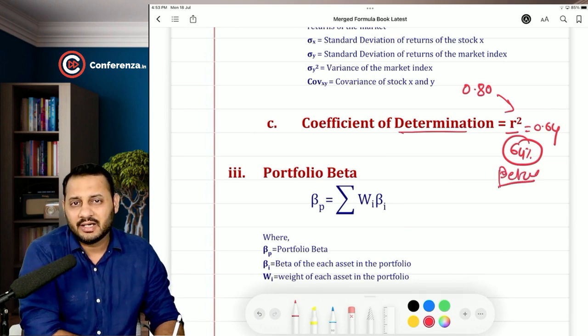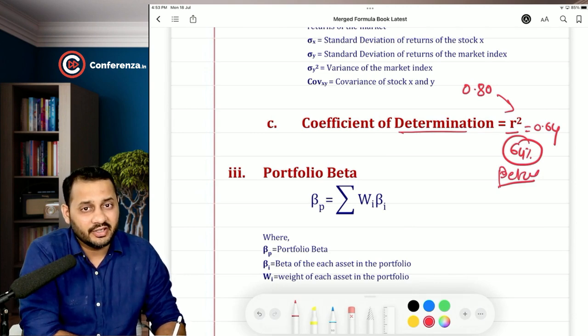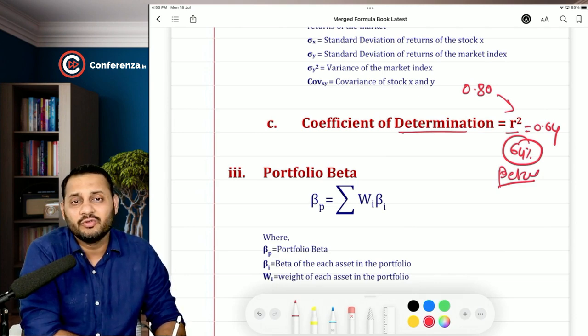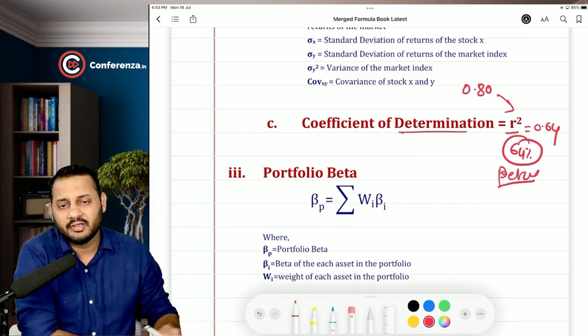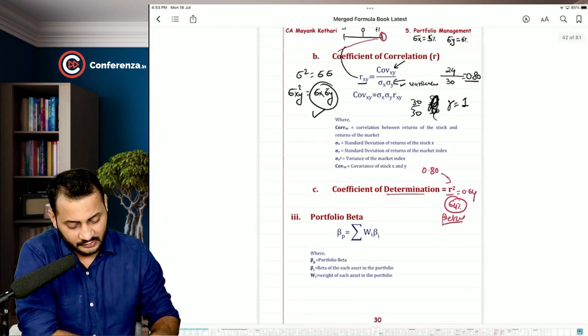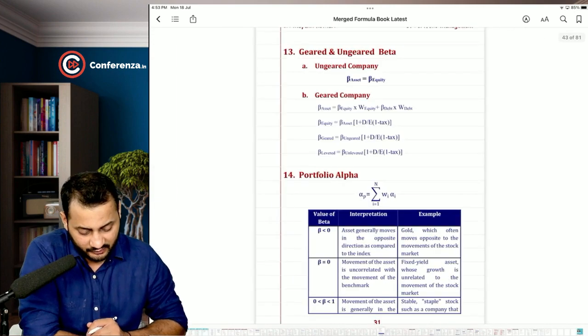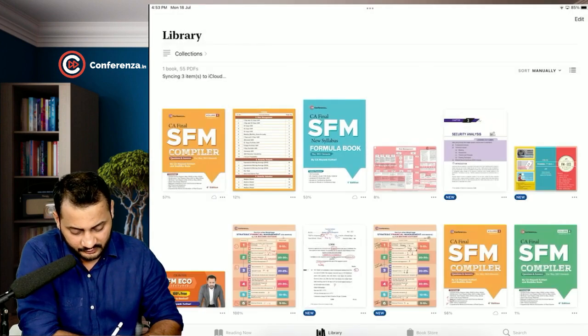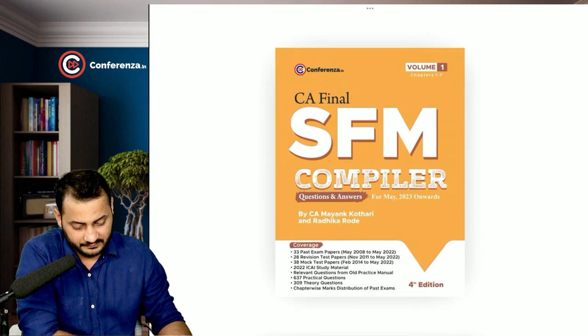It means that the stock's return is being affected by the market 64% of the time. We'll look after it later on. Now this much we have learned till now, and we are going to see some questions on this.